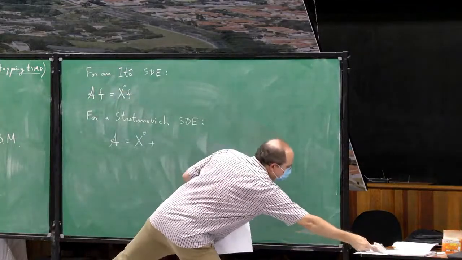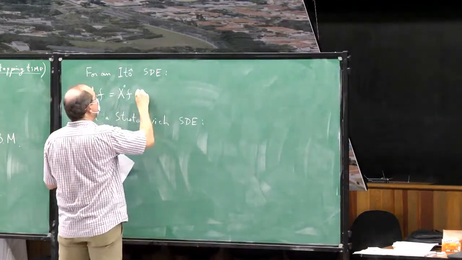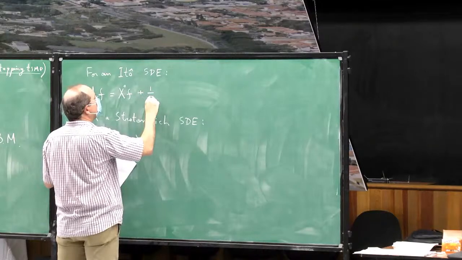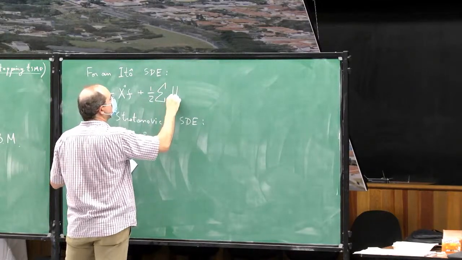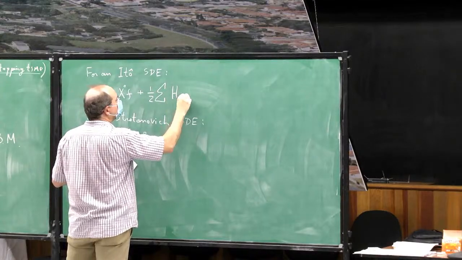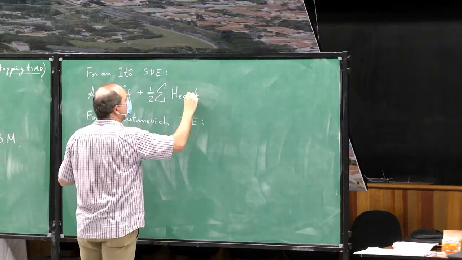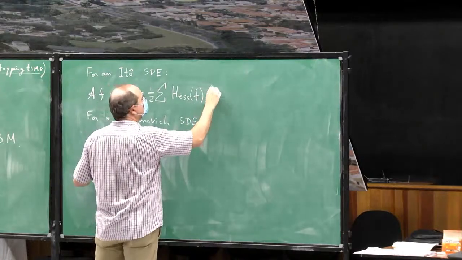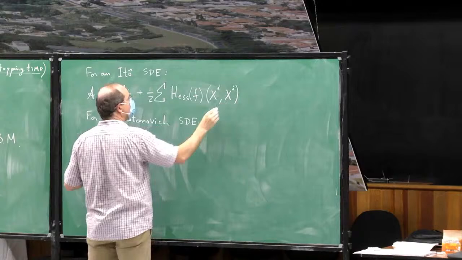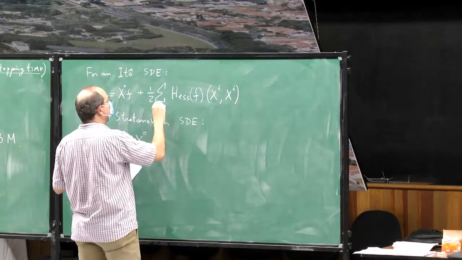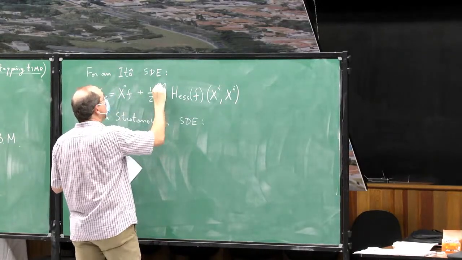Plus half the Hessian of f of X_i, X_i, i from 1 to n.